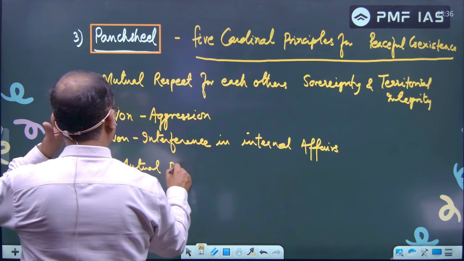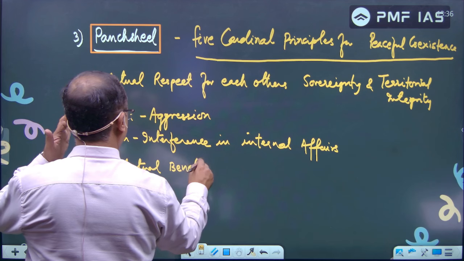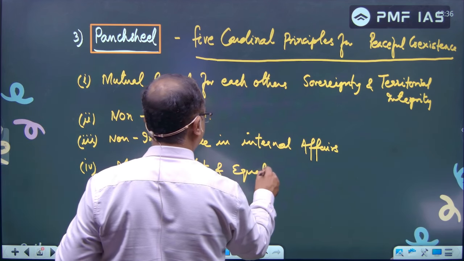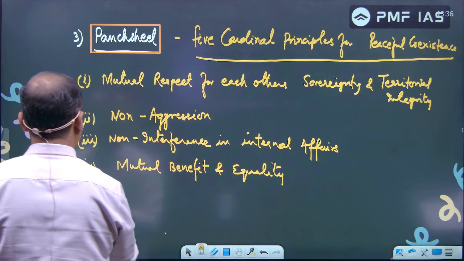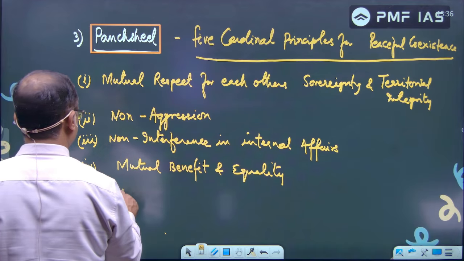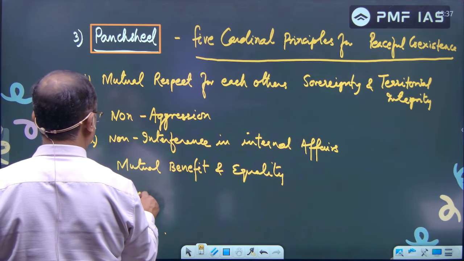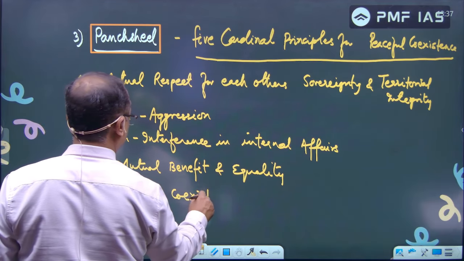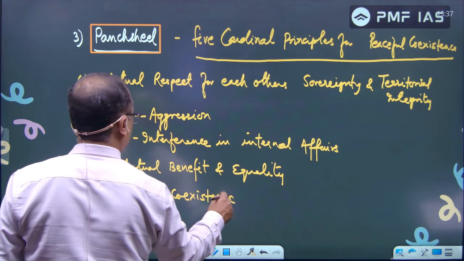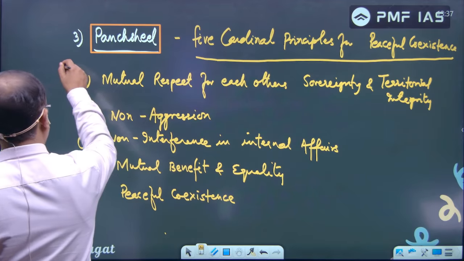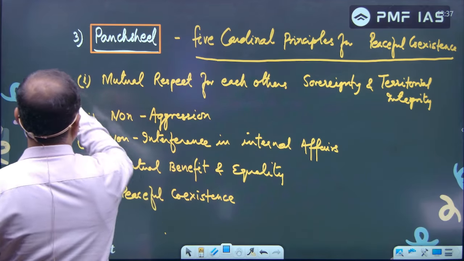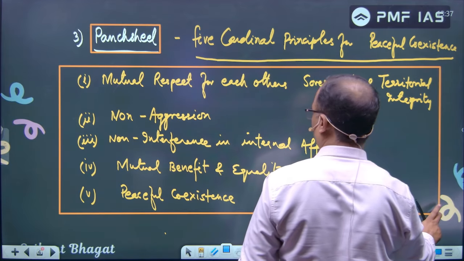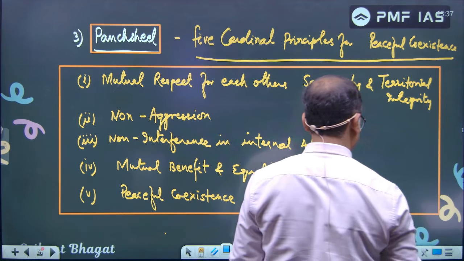Mutual benefit and equality. And fifth was peaceful coexistence. Write it down.